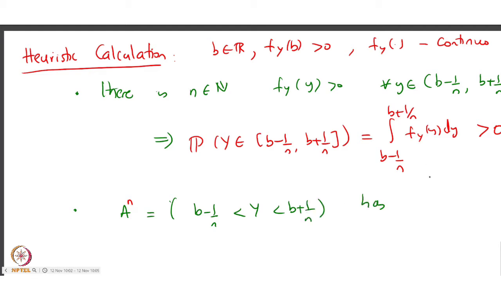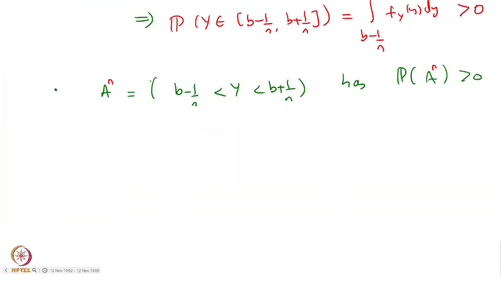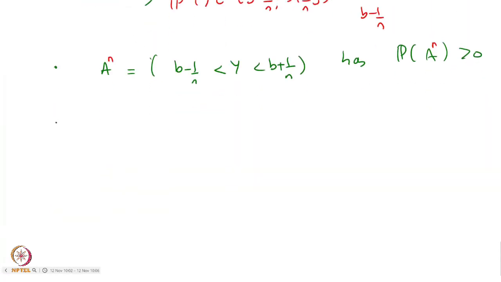It has a probability of A super n that is positive. So now I can talk of the conditional probability the way I want to. The probability of x in the interval 3, 4 given the event A super n is well defined.